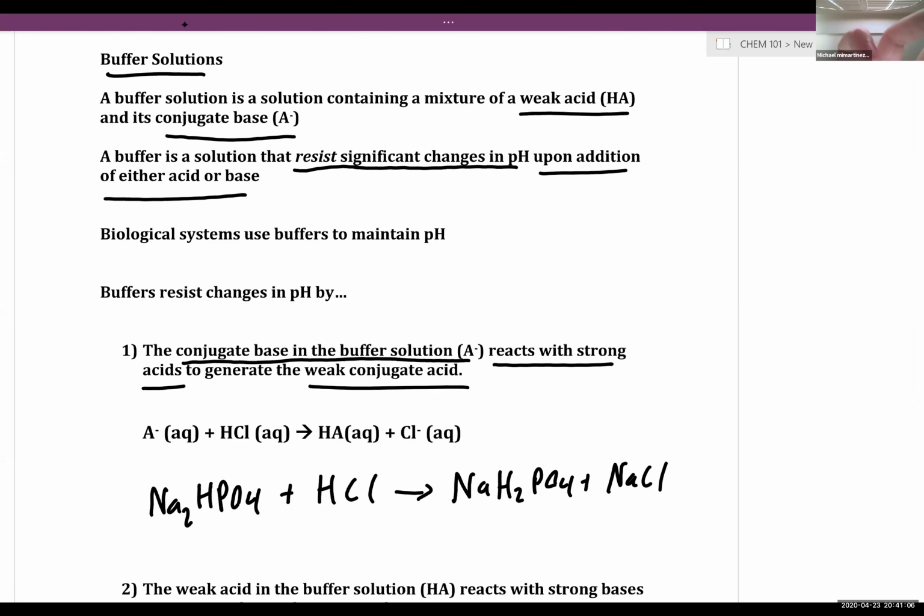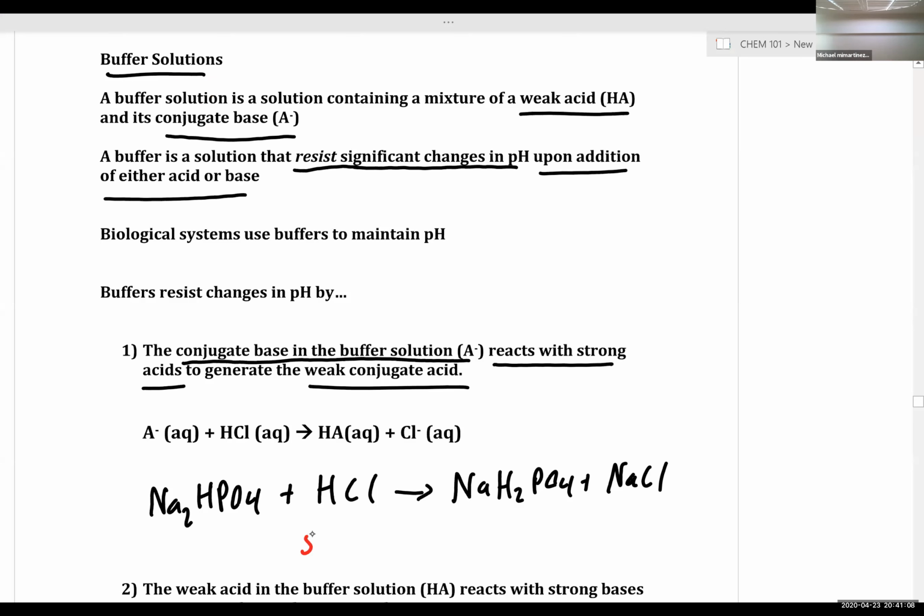So in effect, what our buffer has done is we've taken a strong acid and converted it to a weak acid. So we minimize the effect of this strong acid on pH by reacting and converting it into a weak acid.